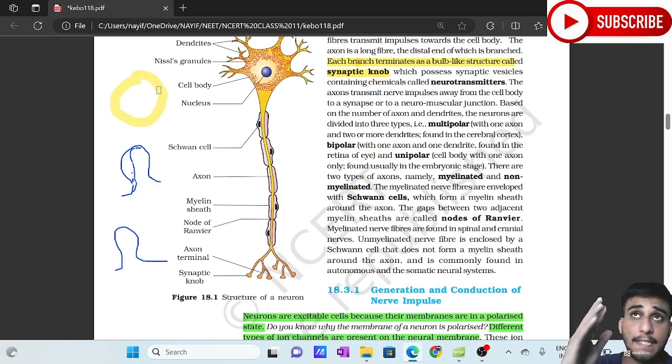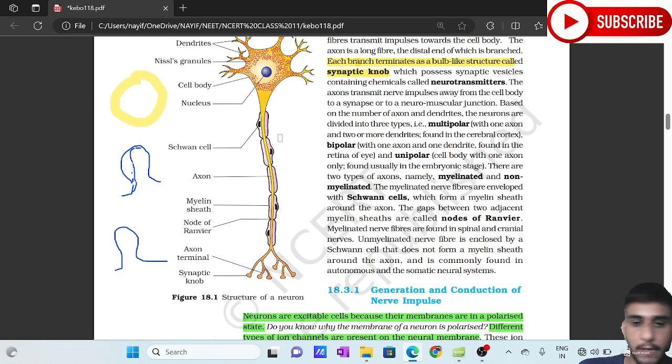Actually, they are synthesized in the cell body, and from the cell body they are transported to the synaptic knob or the axon terminus with the help of certain cytoskeletal elements or filaments. This means they are created here in the cell body and transported towards the axon terminal region.